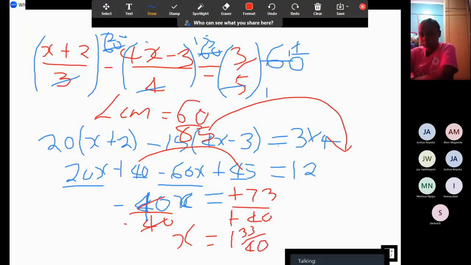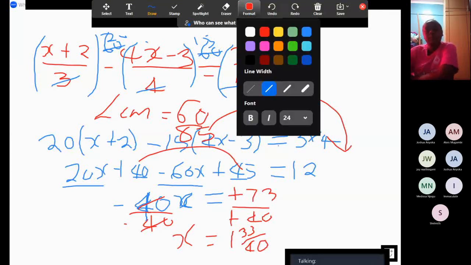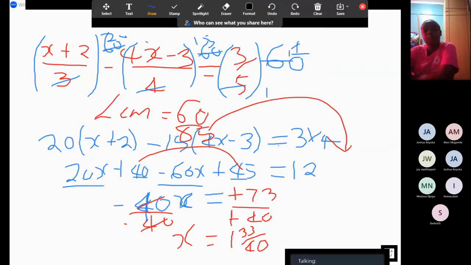So what I want you to note, as you attempt other questions, let me highlight what is quite required in this case. As you are multiplying the LCM that we have picked here, identify recognition of multiplication of negative numbers and positive numbers.